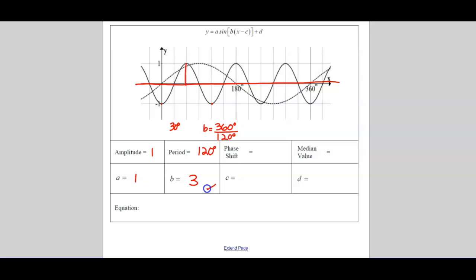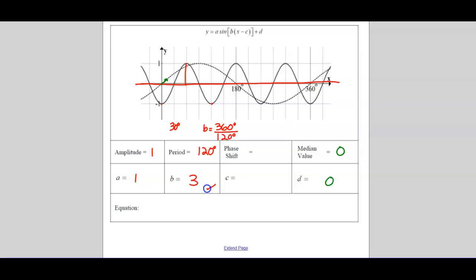Phase shift. So if I take a look at my original graph from the midline and the y-axis, it is going up and to the right. There is no vertical stretch. There is no d value. The d value is 0, right?